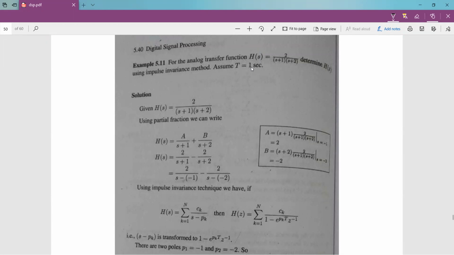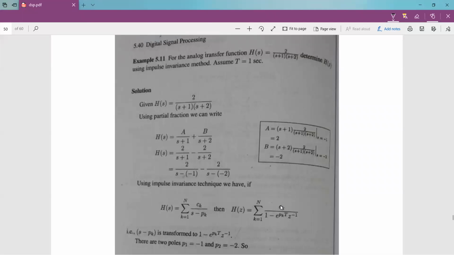For example, in this case, you have to determine Hz. Hs is given, meaning the analog transfer function is given. So what you have to do? You have to first break it into single pole terms by using the partial fraction expansion, and after getting the single pole terms, you can express it in the form of ck upon s minus pk and directly get the Hz form.